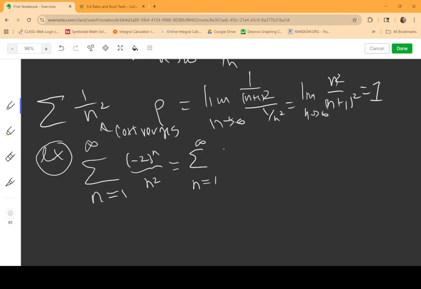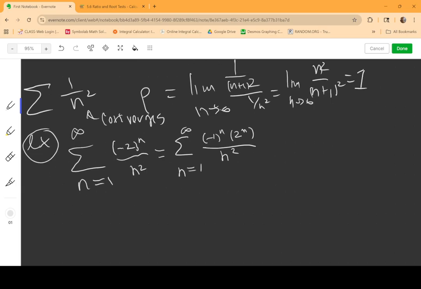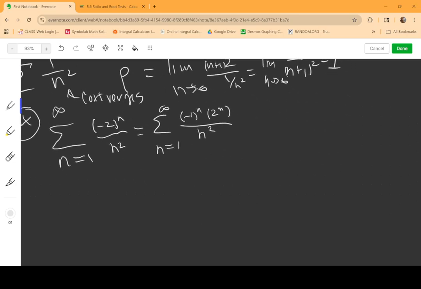You can think of that as (-1)^n times 2^n over n squared. When I apply the ratio test, I take the absolute value of the next term over the previous term, so I can just drop that (-1)^n, because we're strictly looking at the positive result of that limit.